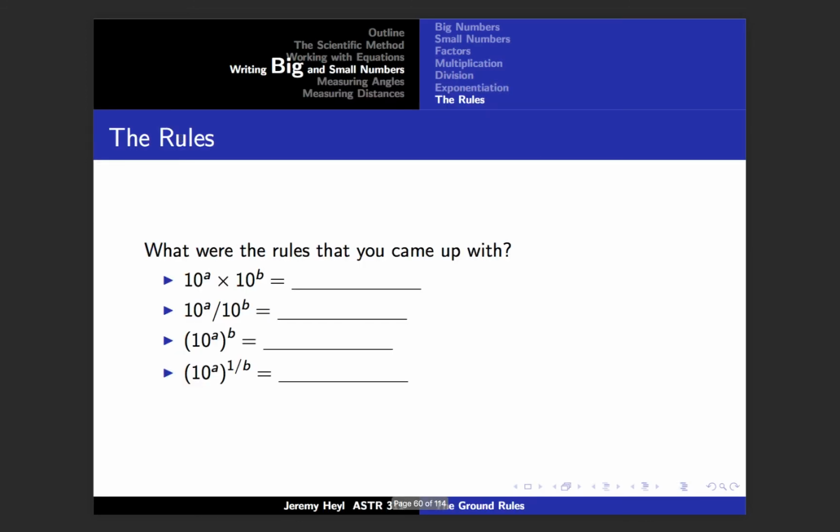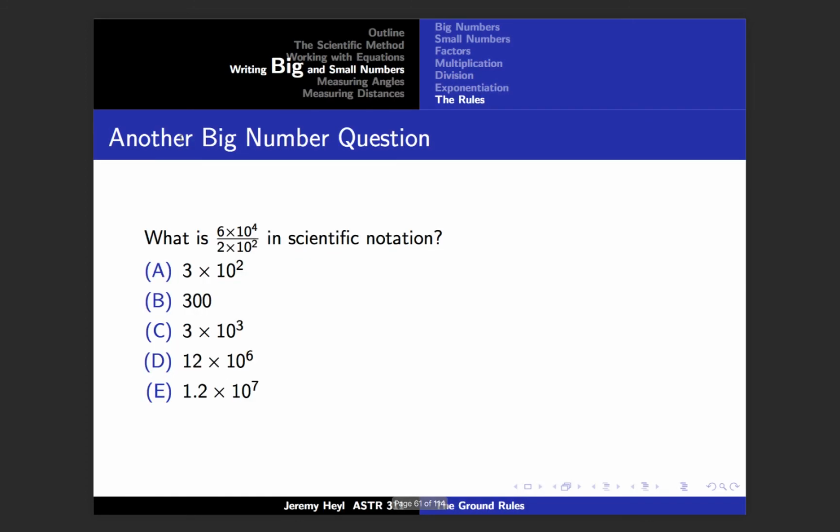And 10 to the A, then the B-th root, has A over B in the exponent. We might design the problem so A could be an even number and B 2. We can make it so it's easy.